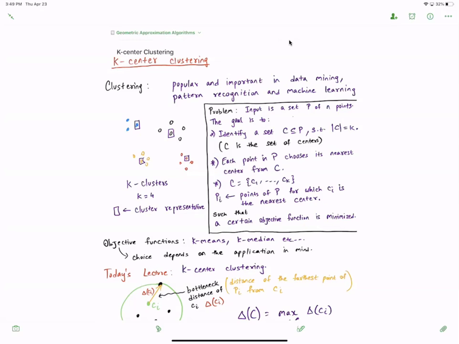This has been extensively studied in the literature, and there are, I'm sure, hundreds of definitions. It really depends on the kind of application you have in mind. That will decide what kind of objective function you want to use. In today's lecture, we'll focus on K-center clustering.